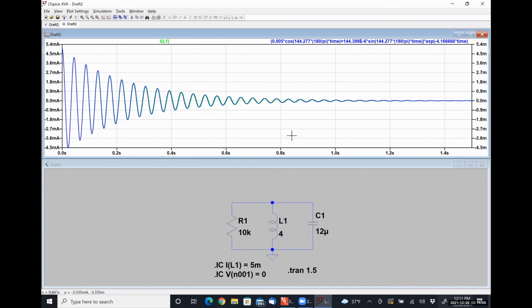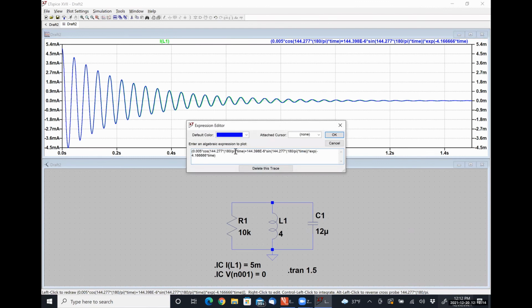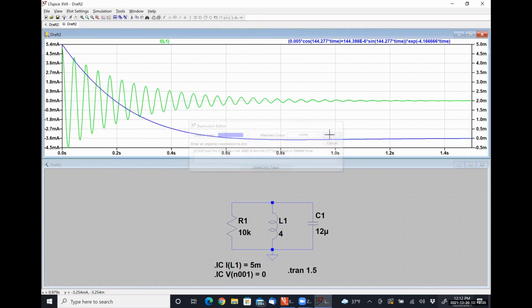Okay. For these underdamped circuits, if we don't put in this 180 over pi conversion factor here, our answer is going to be wildly wrong. Okay, so let me just prove it to you real quick. Vastly different.